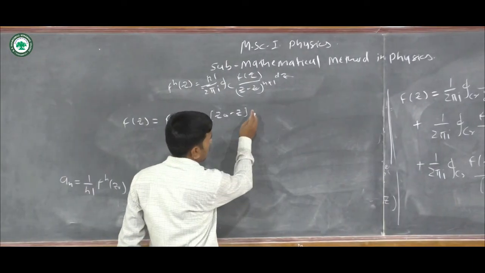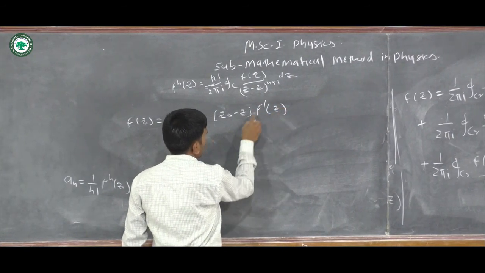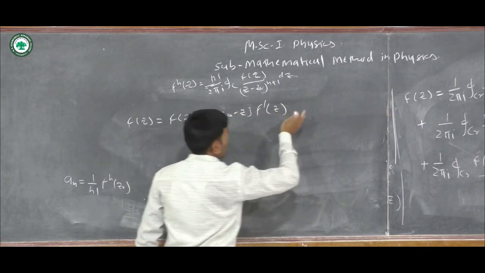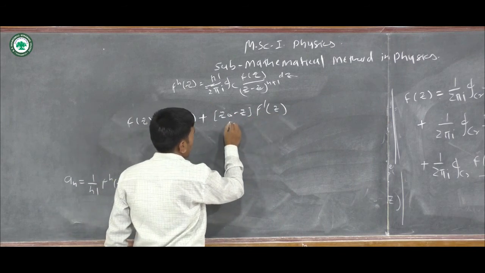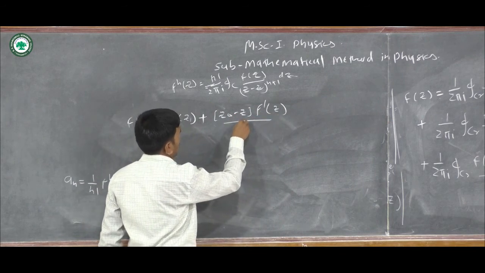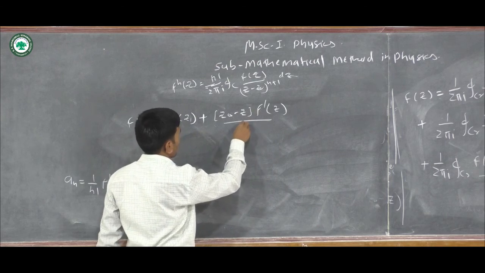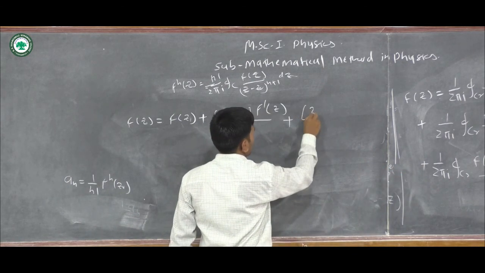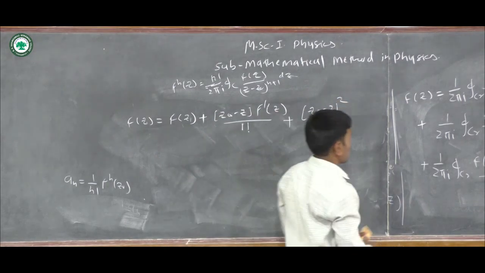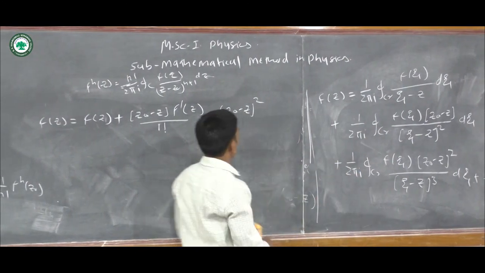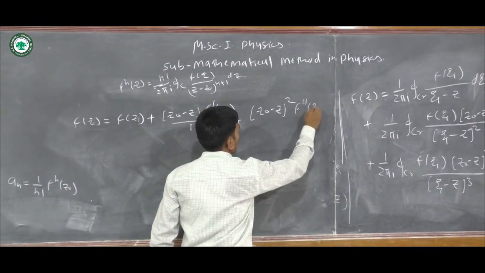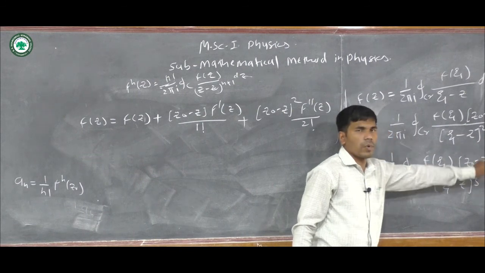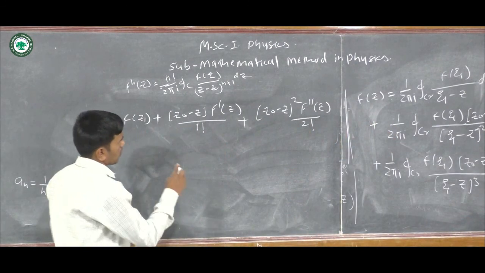So here I write f prime of z, the first derivative of these functions, divided by, n is equal to 1, so it is 1 factorial. And plus for these terms we can write (z0 minus z) square, taking out the common factor, and the other thing is the same, it is f double prime of z divided by 2 factorial, but here n is equal to 2, the second derivative of these functions.